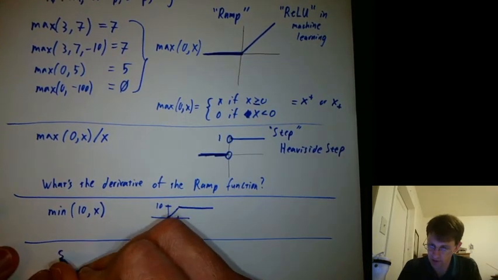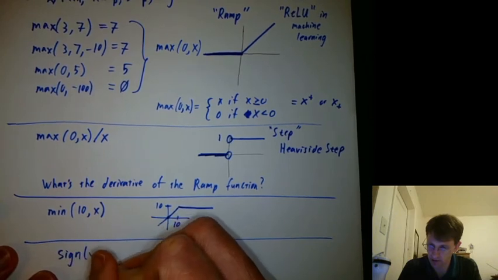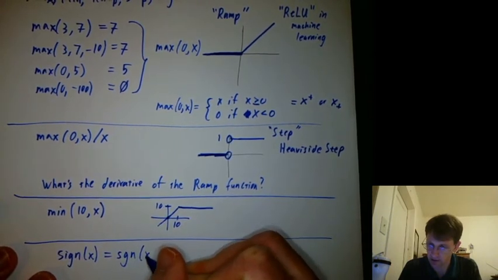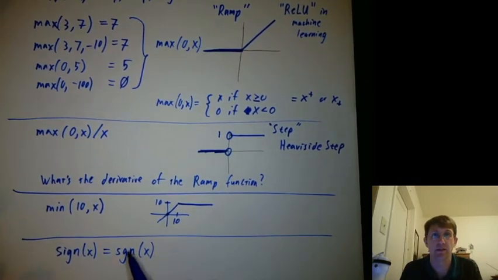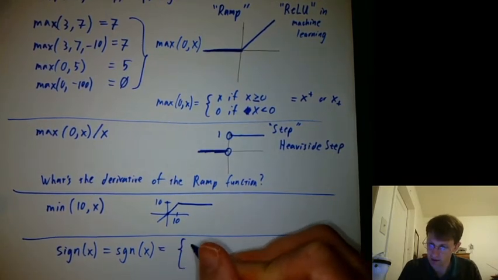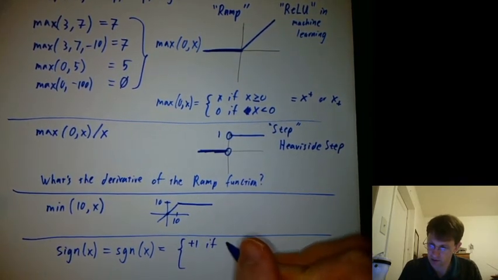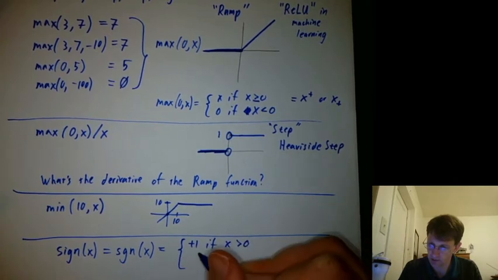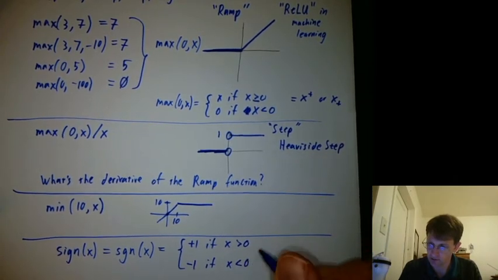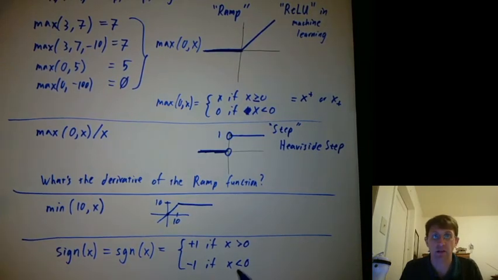There's another function called sine of x, or sometimes it's abbreviated SGN of x. It's not our trigonometric sine, it's sine like, is this number positive or negative or 0? So it's defined to be plus 1 if x is positive, minus 1 if x is negative. So what's the sign of a negative number?